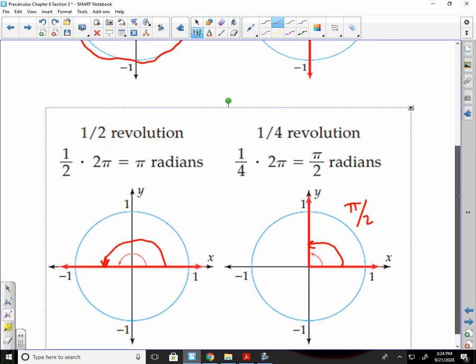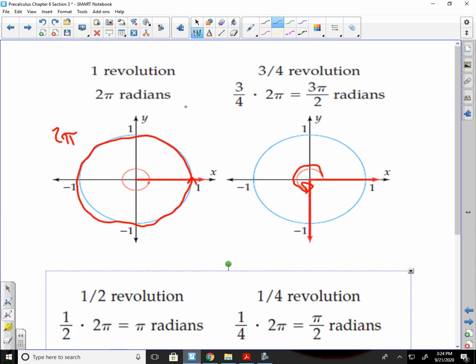And all this really makes sense if I start with the fact that the whole way around is 2 pi. If we're going back to that circumference thing, circumference is 2 pi times the radius, right? In this case, our radius is 1 because it's on the unit circle. So 2 pi times the radius, the whole length of this arc going around would be 2 pi times 1.